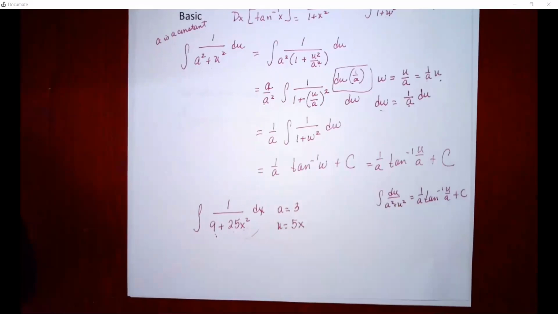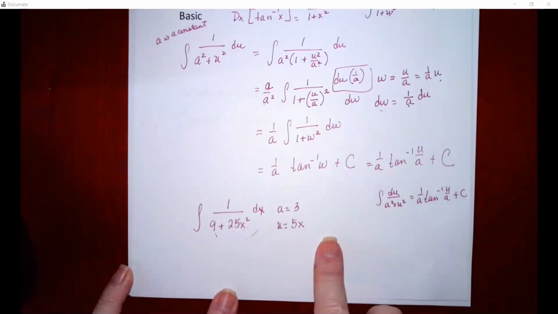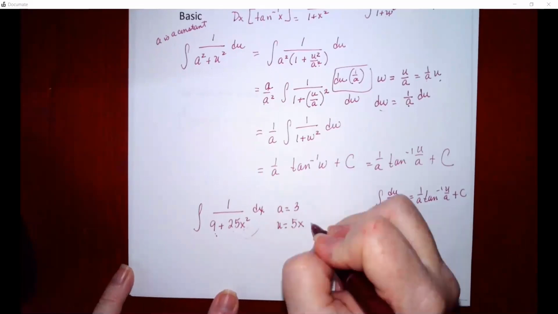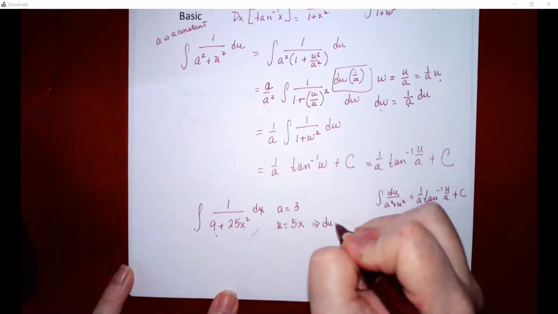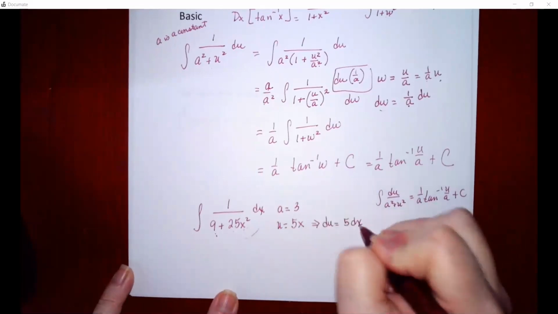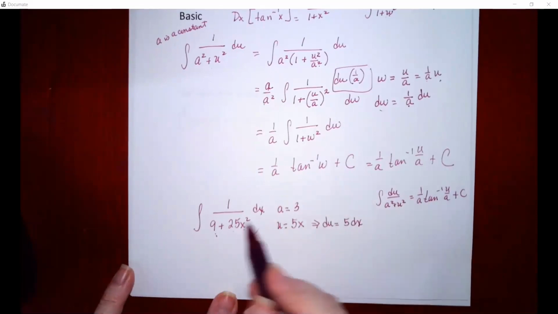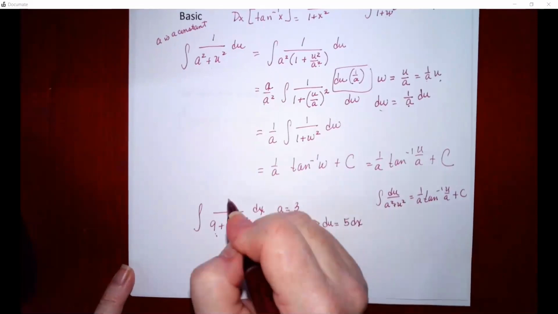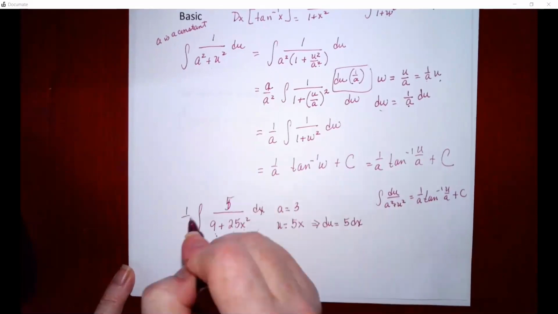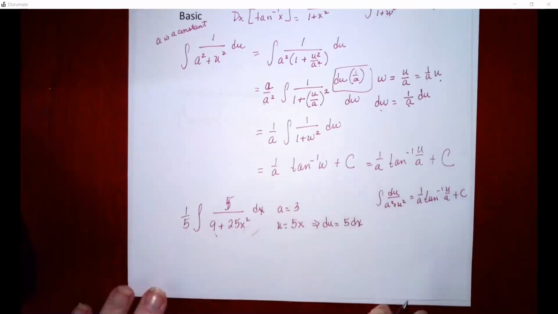Now, be careful. We do still have to follow through with this u substitution. If u is 5x, then du is 5 dx. So to get my du, I would need to multiply by 5 and reverse it with a 1/5 out front.